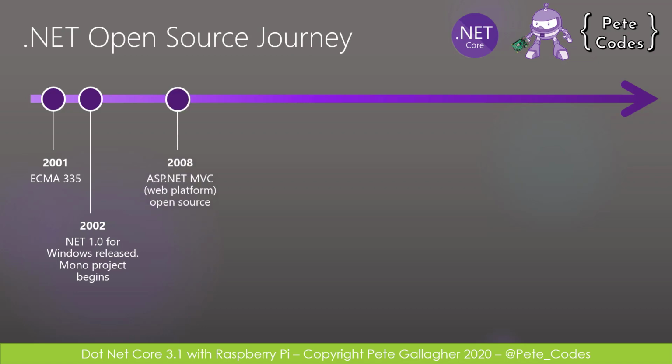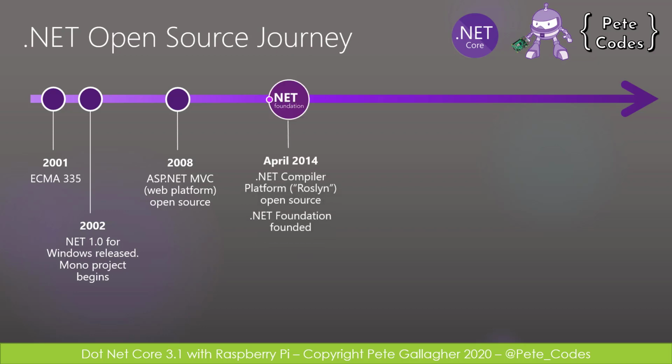By 2008, we had ASP.NET MVC, and that whole web platform was open sourced. And then in 2014, Microsoft went ahead and open sourced their compiler platform, Roslyn. So that was an incredible moment in Microsoft's open source journey. They also created the .NET Foundation at that point.